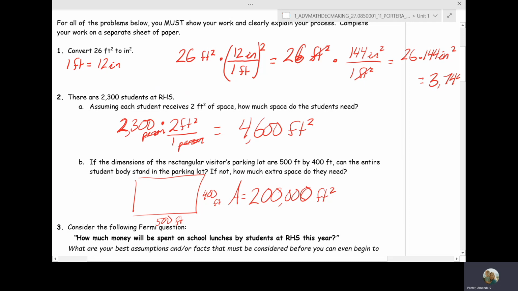And the answer is yes, of course. We only need 4,600 square feet, and we have 200,000 square feet. So yes, absolutely they can. Now, if the answer was no, we would just need to subtract to find out how much more we need, because it says if not, how much extra space. But this answer is yes, so there's no subtraction needed. Yes, the student body can fit in there.